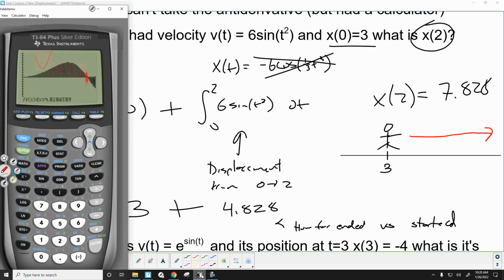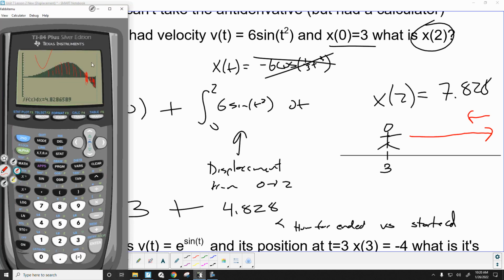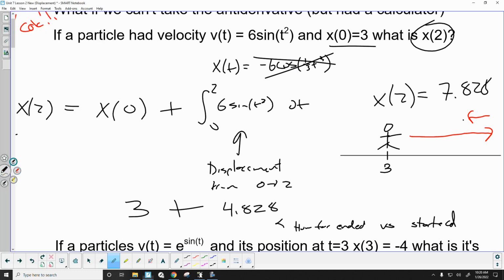And then the dude has a negative velocity. He goes to the left. If you found the area from here to the end, you'll figure out how far you've traveled left. Overall, his displacement, his change in position, was 4.828 from where he started, which is why he ended up at 7.828. Okay?